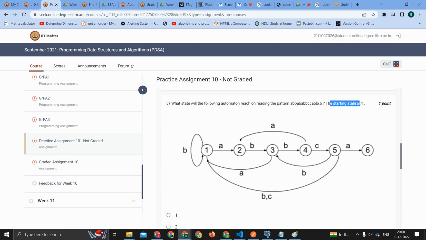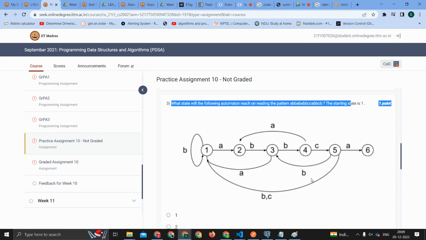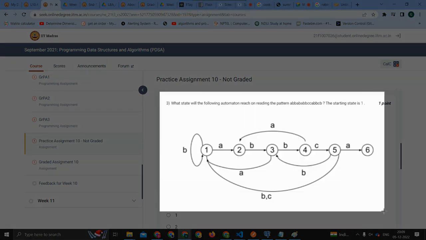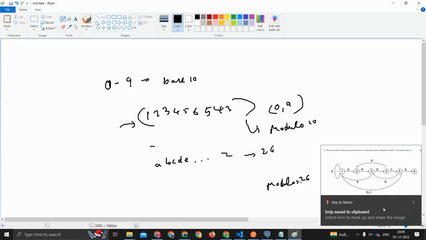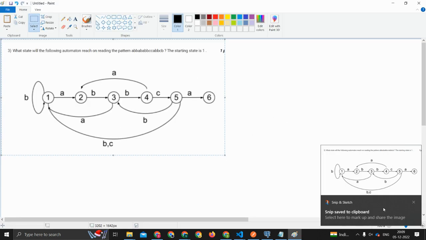So what is this question? The starting state is 1. What state will the following automaton reach on reading the pattern? How do we answer such a question?